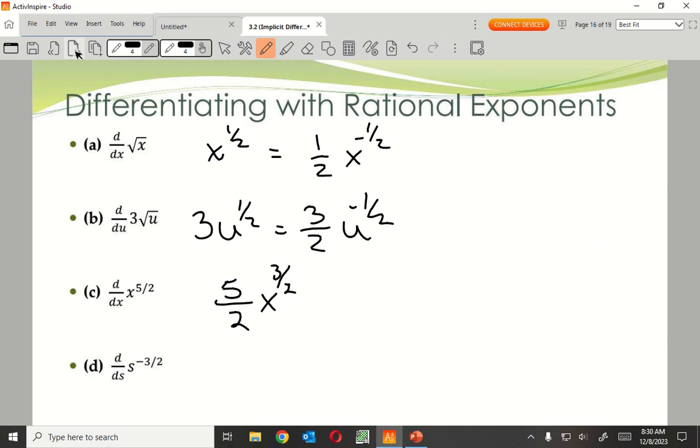All right, this one's already set up for me. What am I going to do first? What goes out front? Negative 3 over 2. And that's going to be S. And what do I have to do?